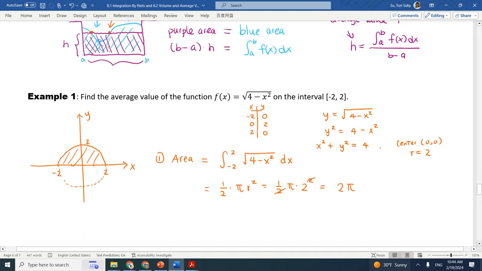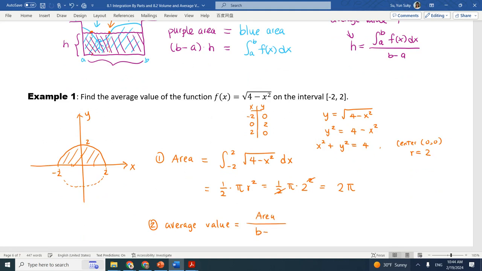After you find the area, now you can find the average value. So average value is the area over the length. What's the length? What's the difference between those 2 points? Yes. B, in this case, A is -2, B is 2.